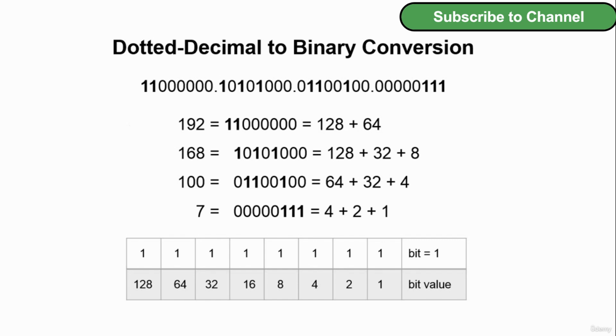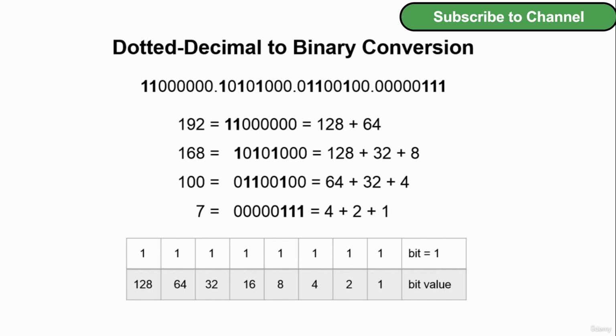This is the binary format, and I want to convert it to decimal. If I go 1, 2, 4, 8, 16, 32, 64, and 128, I'm only adding the last two, 64 and 128. That gets me to 192. For 168, it's the same sort of thing. 1, 2, 4, and then in the 8 position it's a 1, so I have to use 8.